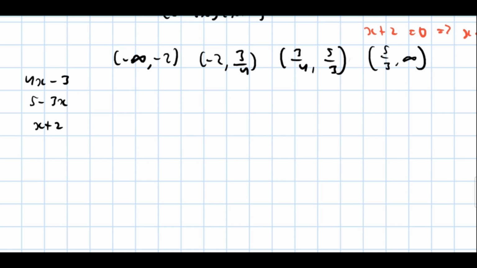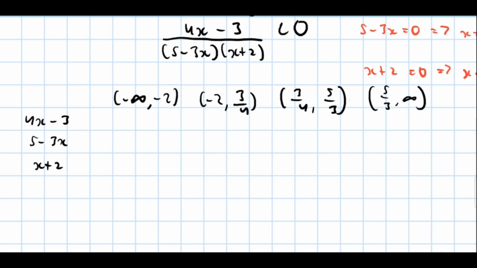That solution row means that we will be determining the part where it satisfies the inequality. So we will be dealing with positive or negative signs. Okay. So here we write that as 4x minus 3, divided by 5 minus 3x, x plus 2. Okay, very good so far.